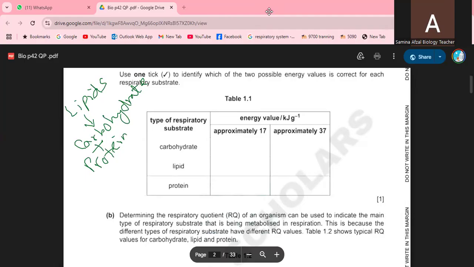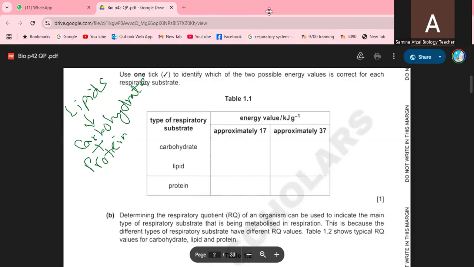We can explain why the lipids have more energy value than the carbohydrates and proteins. Especially we can say that the molecular composition is involved in this case, specifically how many hydrogen atoms become available when the substrate molecules are broken down.